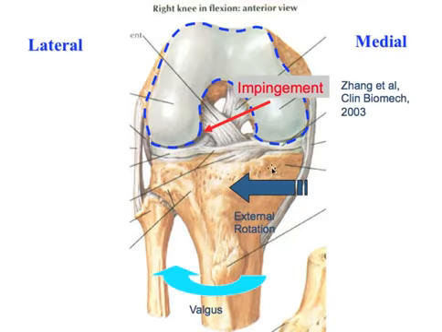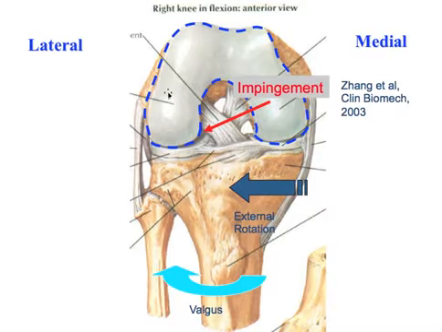Now, the most common mechanism of injury doesn't seem to be internal rotation, but rather abduction or valgus and external rotation. So this is a little bit contrary to the alignment. There's a study by Zhang et al., Clinical Biomechanics 2003, that sheds some light on this, where they put pressure transducers on the lateral femoral condyle and measured the contact pressures between the ACL and the lateral condyle with external rotation and valgus.